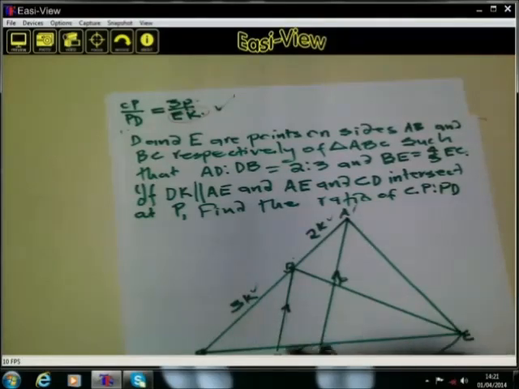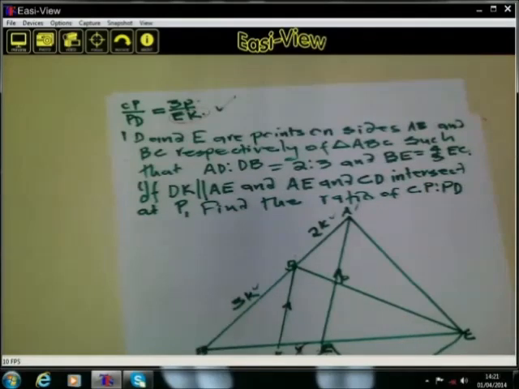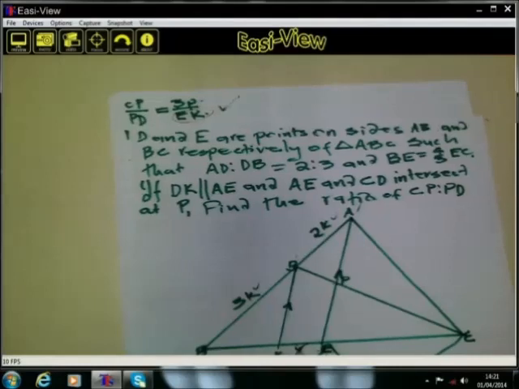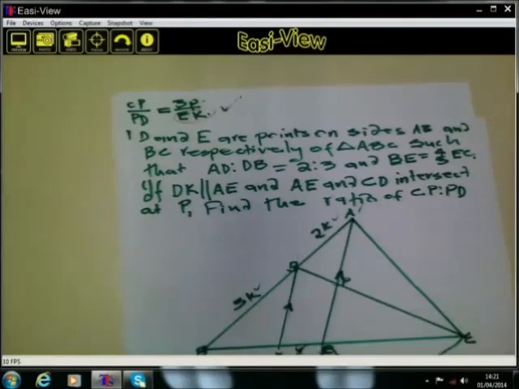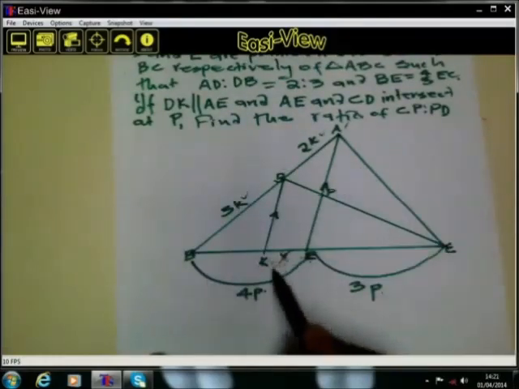So if we could not source out the information about EK from this triangle, we can expand and check what will happen if we source out information on EK from another triangle, and that triangle in question would be triangle ABE. Let's have a look at that.